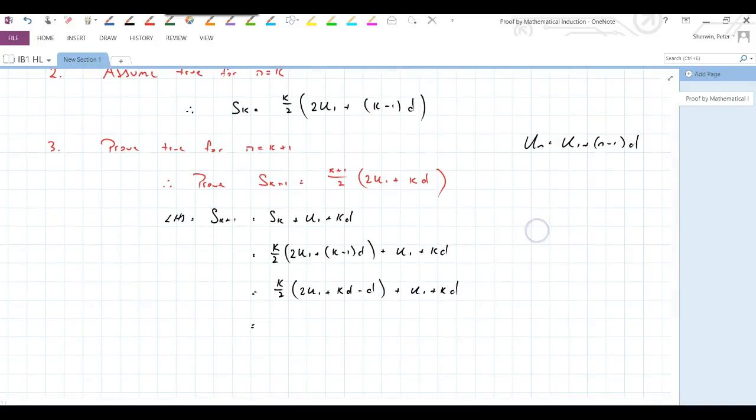Alright, let's expand this out. So k over 2, 2u1, that's u1k plus k squared d over 2 minus kd over 2 plus u1 plus kd.